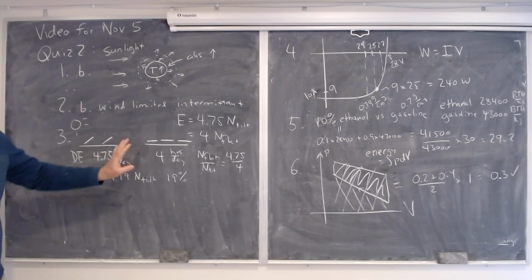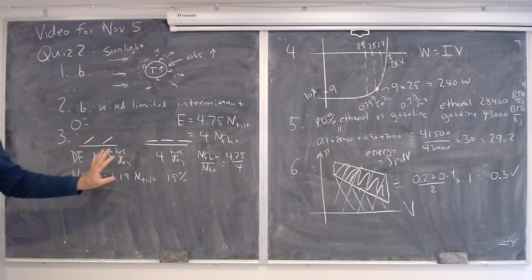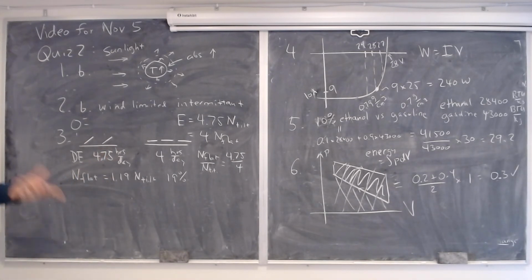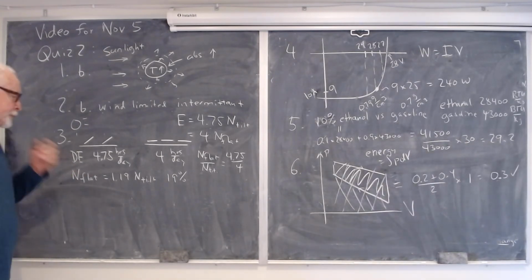How many more panels would he need in these two geometries? It's sort of a real world problem. And using those insolation numbers carefully gives you the right answer.